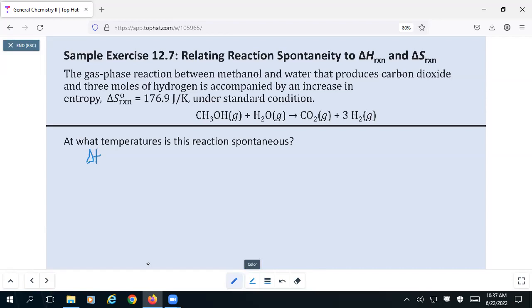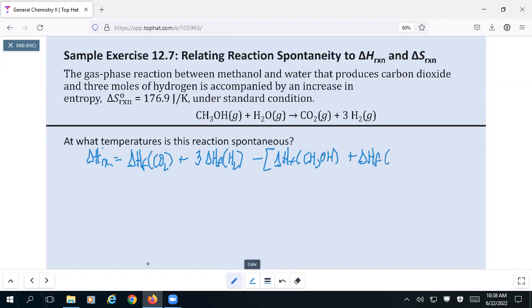So delta H of reaction is going to be equal to the heat of formation of carbon dioxide plus 3 times the heat of formation of hydrogen minus the sum of the heat of formation for methanol and the heat of formation for water in the gas phase.